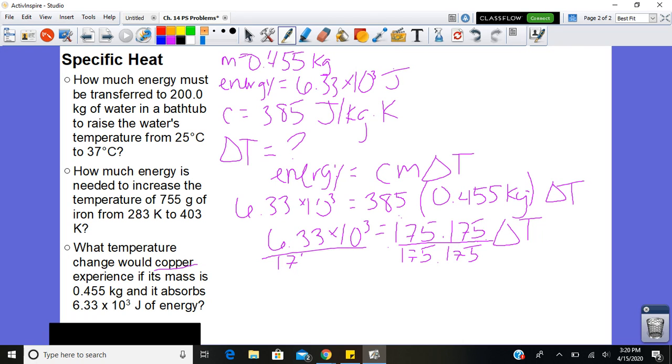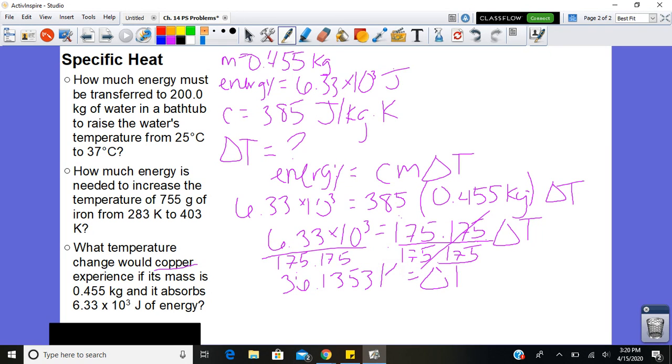This will cancel out. That'll be 1. 6.33 times 10 to the third divided by 175.175 is 36.1353. That is equal to our delta T.